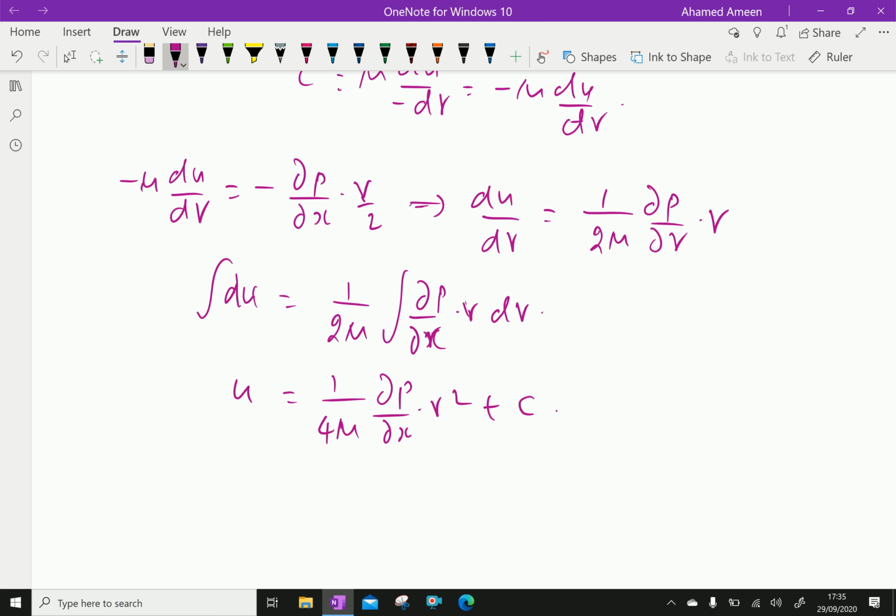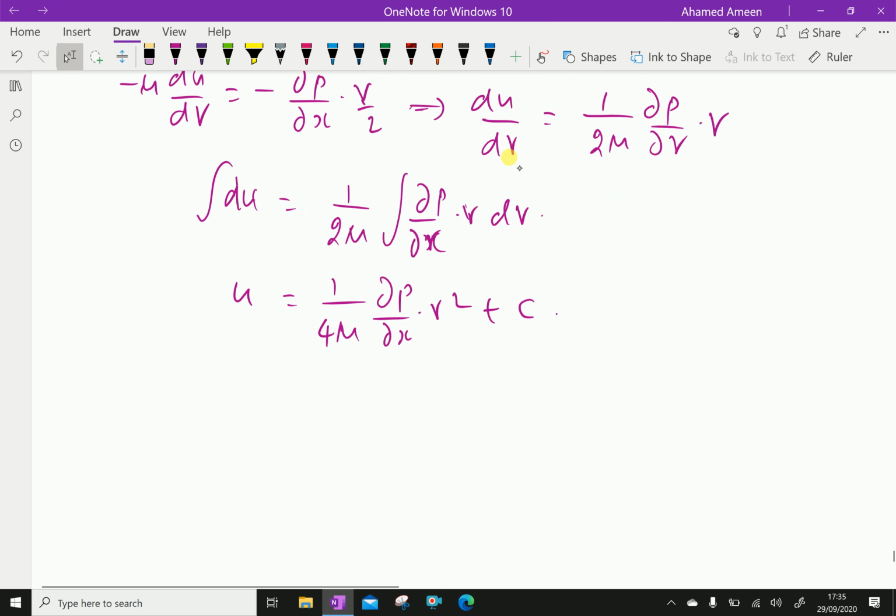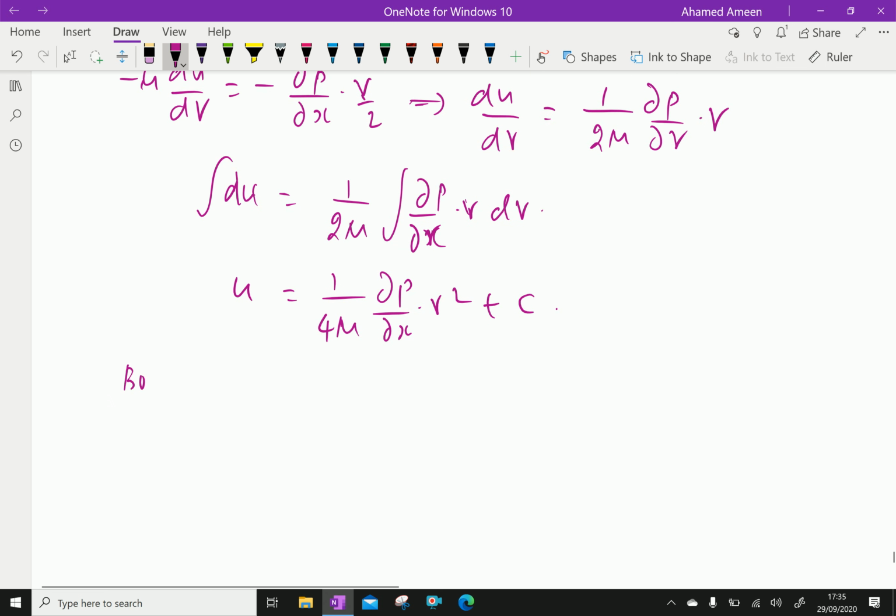The value of c is obtained from the boundary condition: at r equal to R, that is, at the wall of the pipe, the velocity is 0.